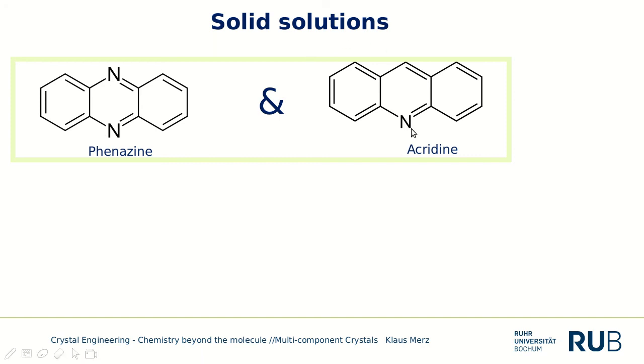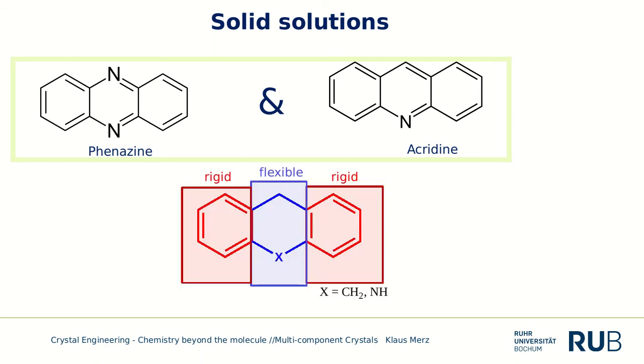There's a difference if you look, for example, at a carbon aromatic system in comparison to a system in which one C is substituted by a heteroatom. But in this case, it doesn't matter if we have one substitution or two substitutions. No? And if we mix both together, we will get a solid solution.